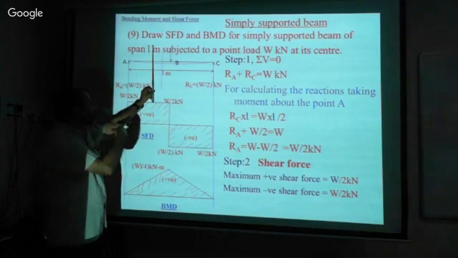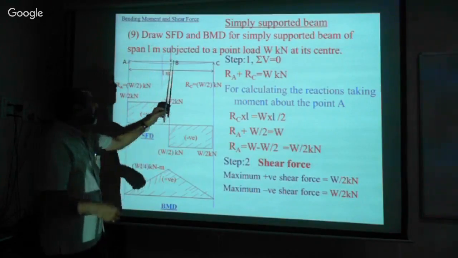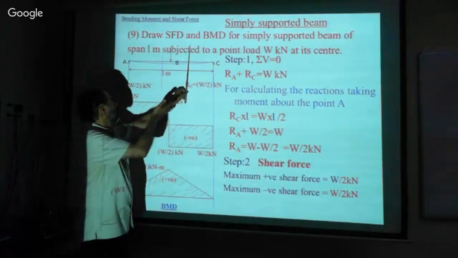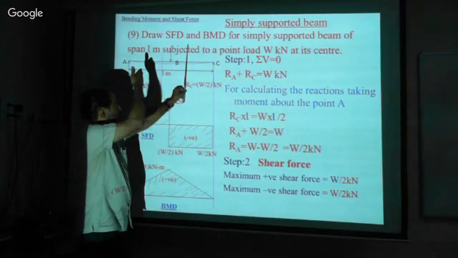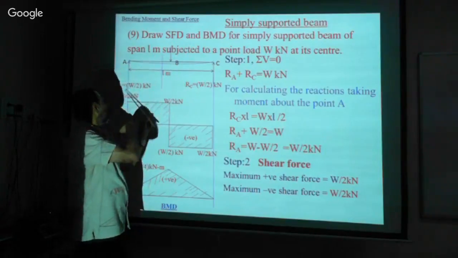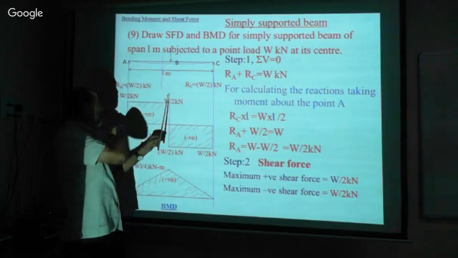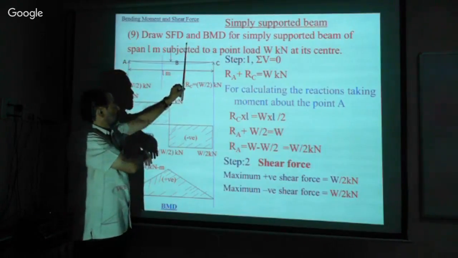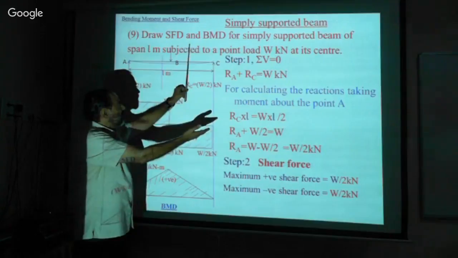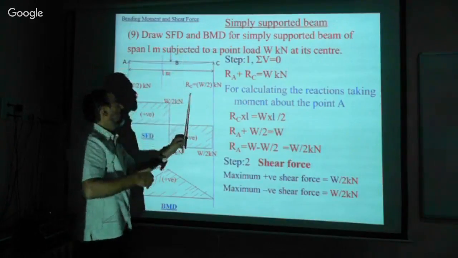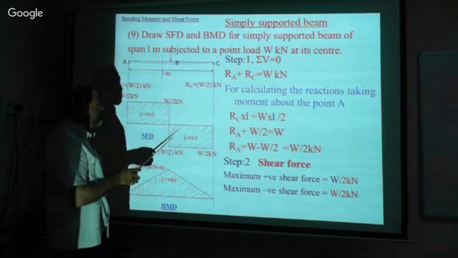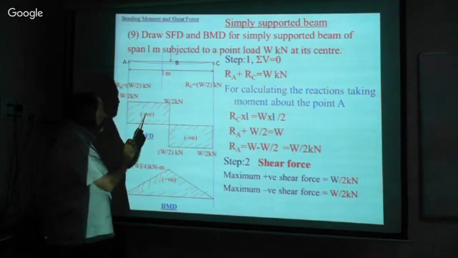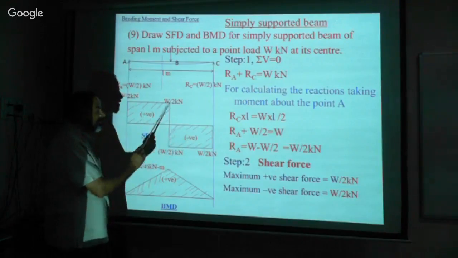In this section, the left side net is downward, W minus W by 2, that is W by 2 down, and the right side is upward. Therefore this is negative. This is positive shear force and this is negative shear force.